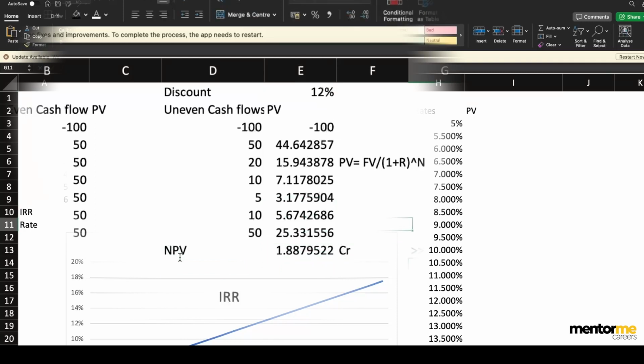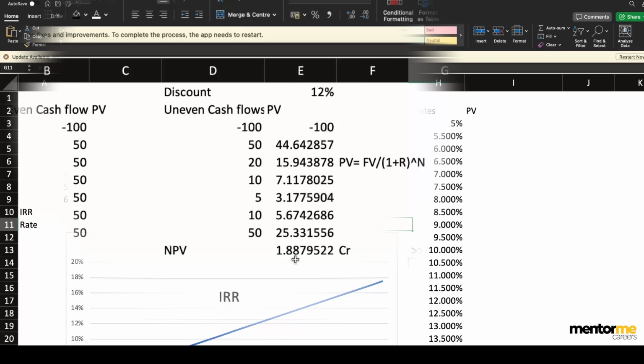So the rate at which your NPV becomes zero can also be called the average rate of compounding of your cash flows. Remember, we are saying it is the average rate of compounding. And that is what I meant, that each cash flow is assumed to be reinvested at the IRR rate itself. But what is the IRR? So that is what we are trying to find.